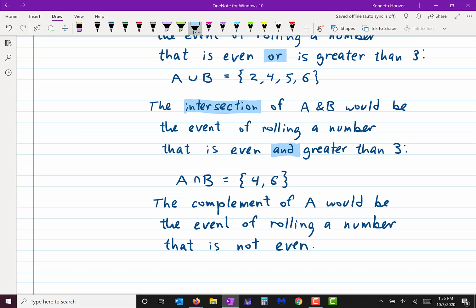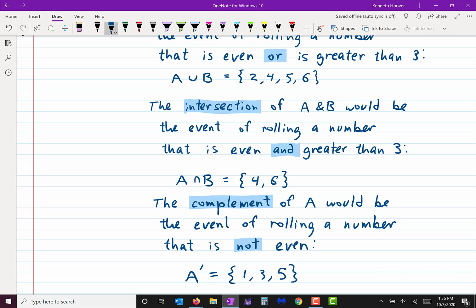So the word complement often goes with the word not. It doesn't have to though, because instead of saying not even, I could have said odd. So what would it look like? A complement equals the set of outcomes that are not even, so that would contain 1, 3, and 5. So that's union, intersection, and complement.